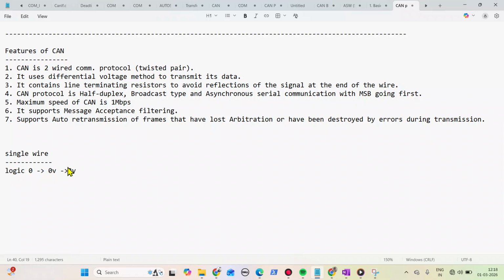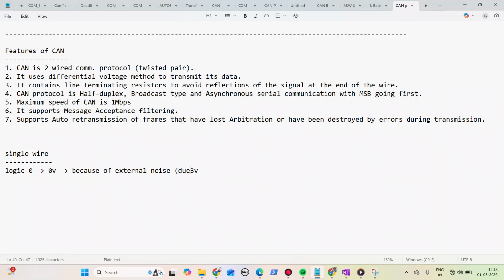Then what will happen? The transmitter wanted to transmit logic 0, which means 0 volts, but because of external things like EMI or external noise, that 0 volts became 3 volts.